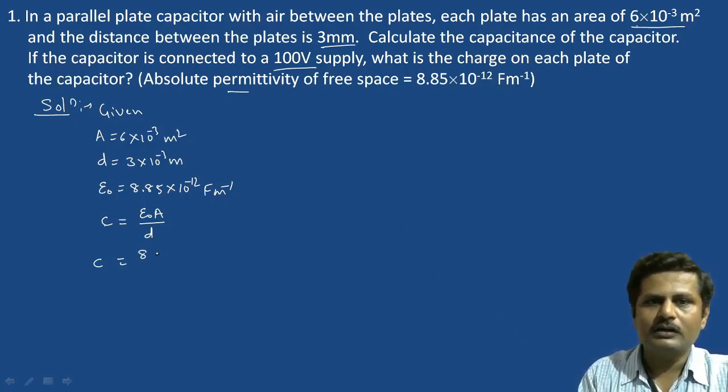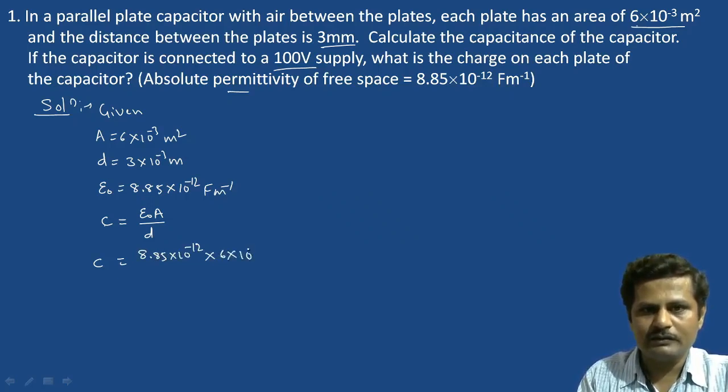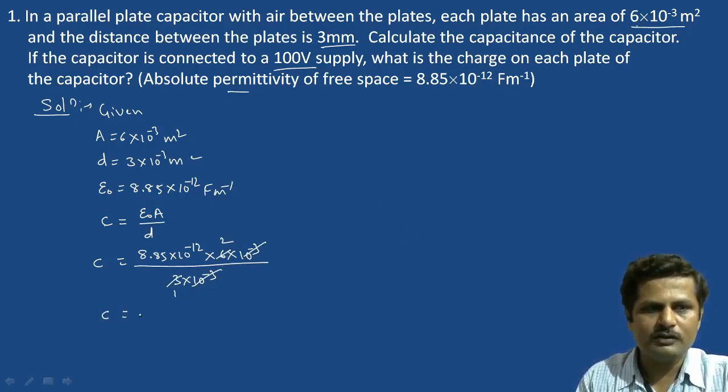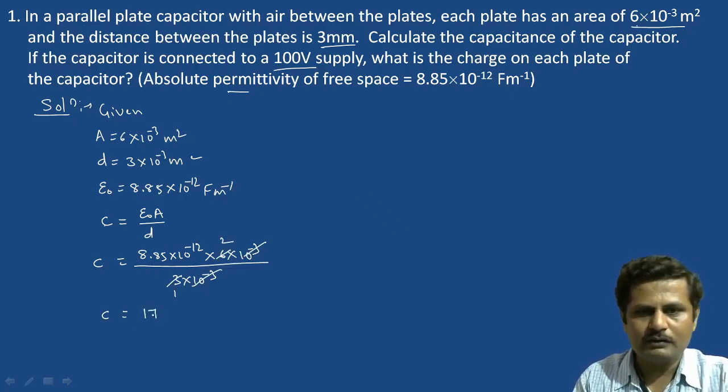So now epsilon naught value is 8.85 × 10^-12, and the area of each plate is 6 × 10^-3, divided by the distance between the two plates, 3 × 10^-3. So the 10^-3 and 10^-3 get cancelled, 3 ones are 3, 3 twos are 6, and 8.85 times 2, this equals C, we can get 17.71 × 10^-12 farad.